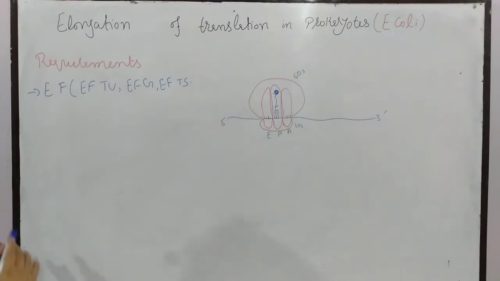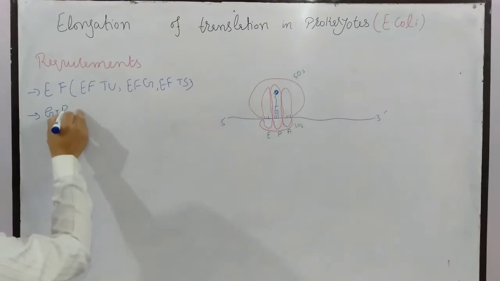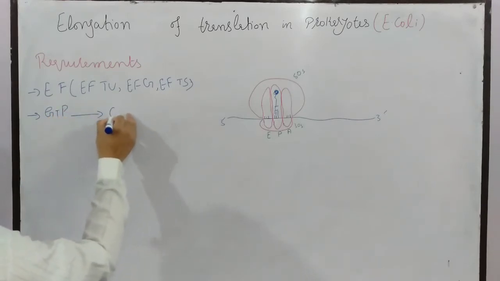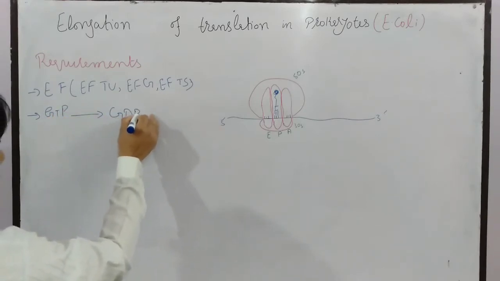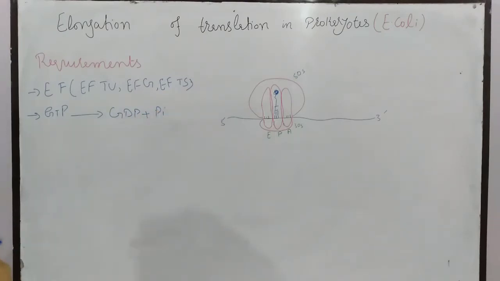Okay, so these are the things that we require. Moreover, we also require the energy which we obtain from GTP. This GTP will give us energy and is converted into GDP plus pyrophosphate or inorganic phosphate. So these are the things that we require in elongation of translation.